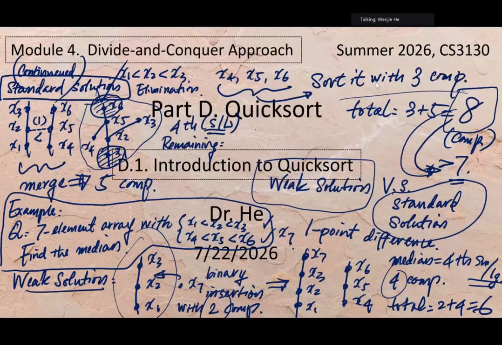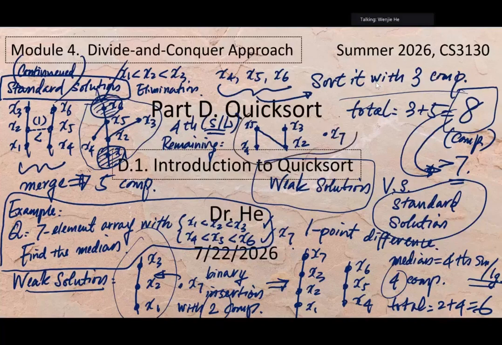But we need to keep the known information: x5 here, x4 here, another small ordered chain, x3 here and x2 here, and there is another link between these 2 elements. That's the known information. Then x7 is unknown.